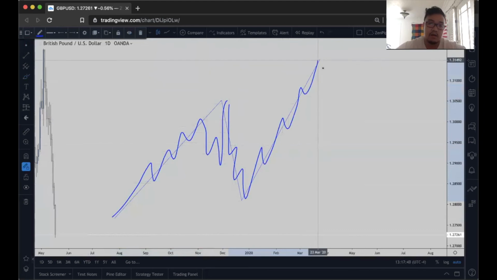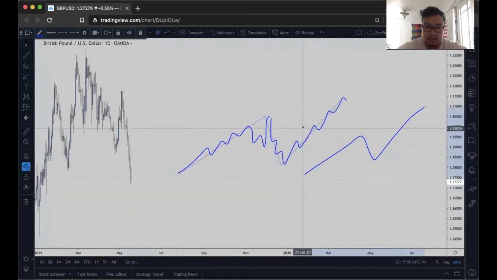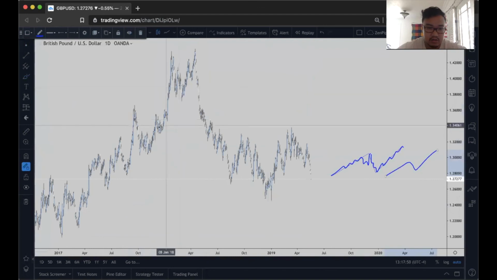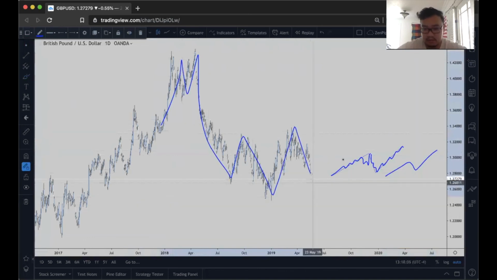For me, I don't even find them relevant. Okay, maybe for entry, but as far as market movement, I like to look at the market like this. Like when I go on these charts, I look at it like this: up, down, down, up, down, up, down. That's the way I look at the market. All right, up, down.